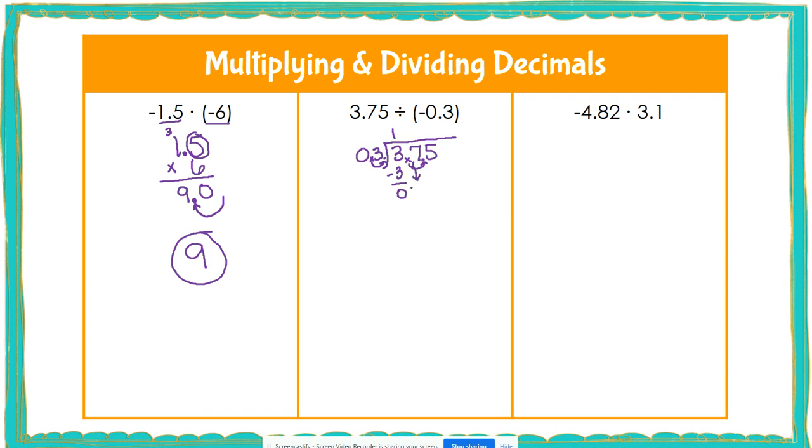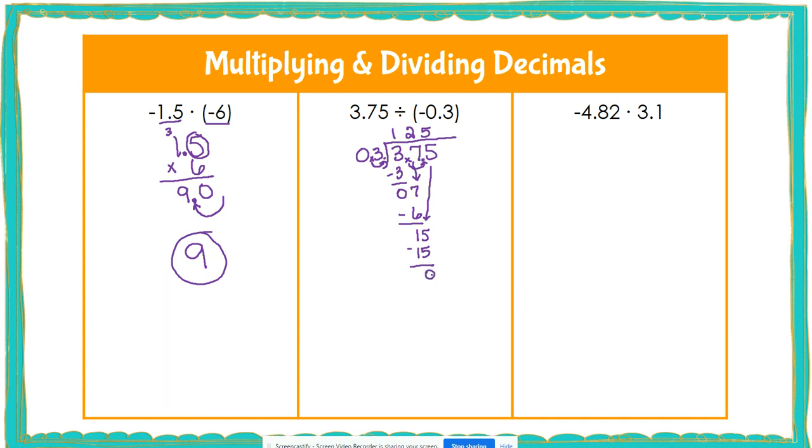Now I need to bring down 7, and I'm going to divide 7 by 3. 3 will go into 7 2 times, so I'm going to put my 2 here. Then I multiply 2 times 3 to get 6, and I subtract. 7 minus 6 is 1, and now I'm going to bring down my 5. 15 divided by 3 is 5, and 5 times 3 is 15.